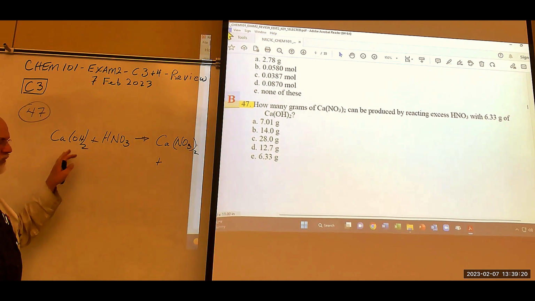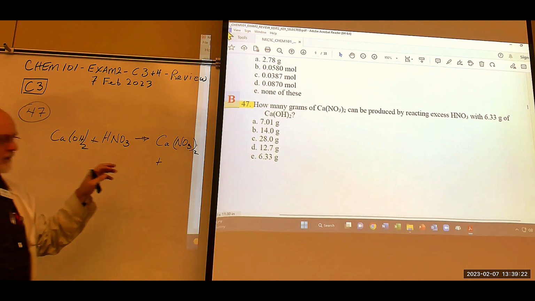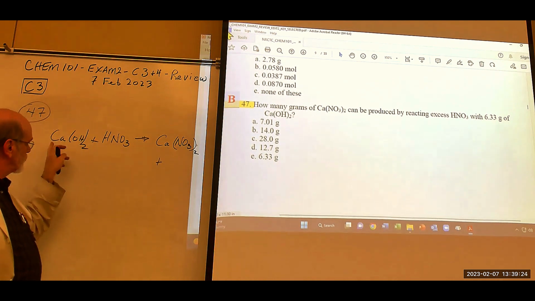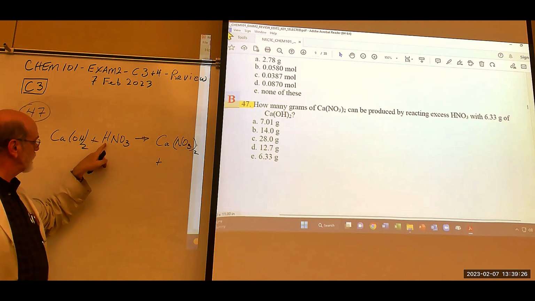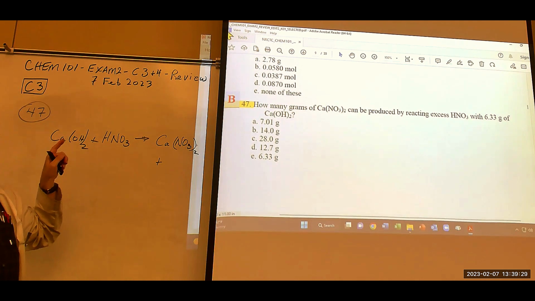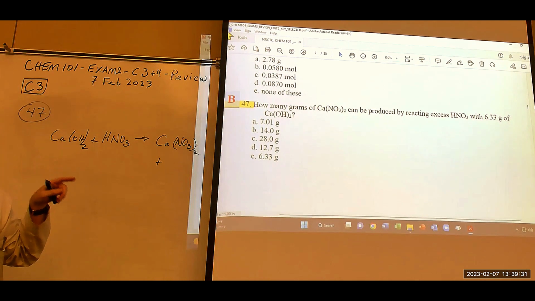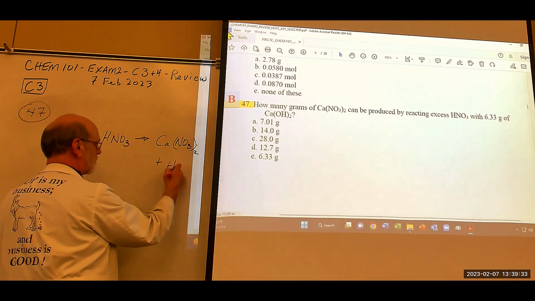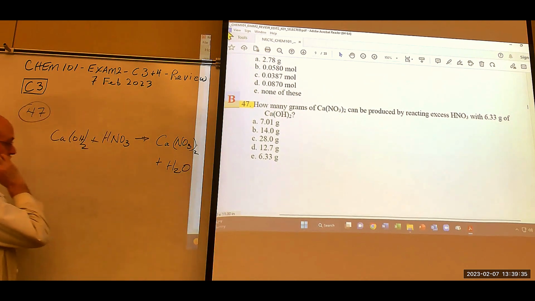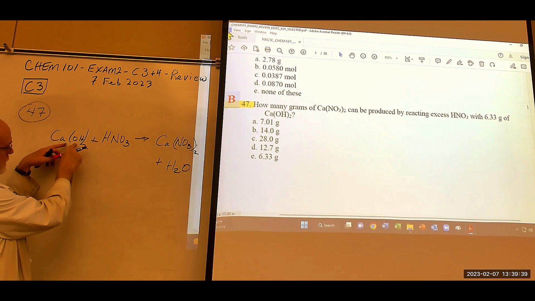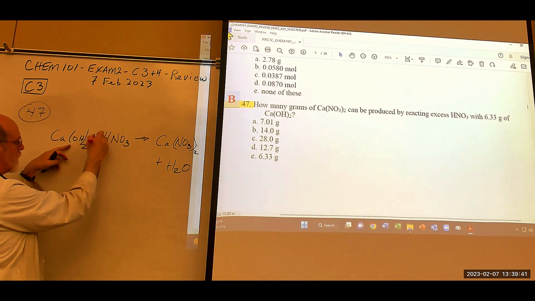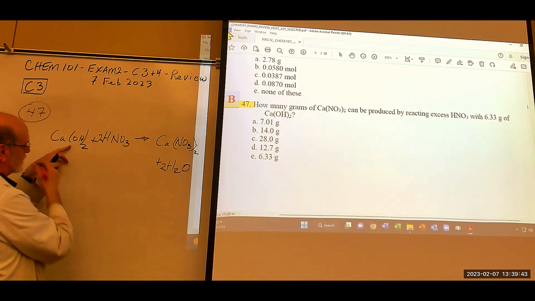When you react an acid with a base, what do you get? You get a salt, the calcium plus the nitrate, and what's left over? Hydrogen and hydroxyls together makes water. So if we've got two OHs here, we need two hydrogens to make two waters.